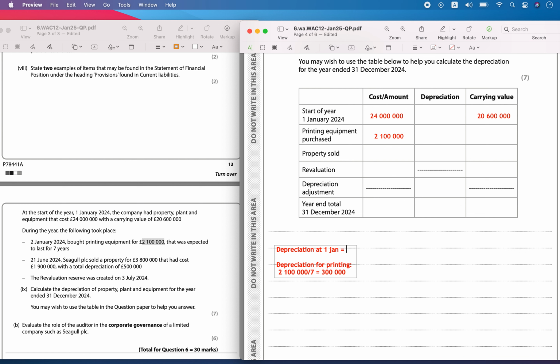It is equal to the cost minus the carrying value: 24 million minus 20.6 million, that is equal to 3.4 million.